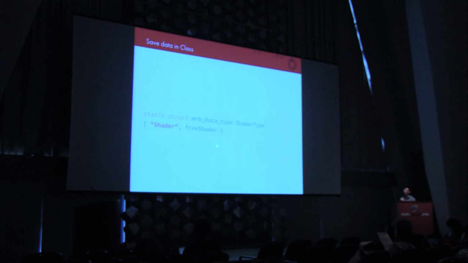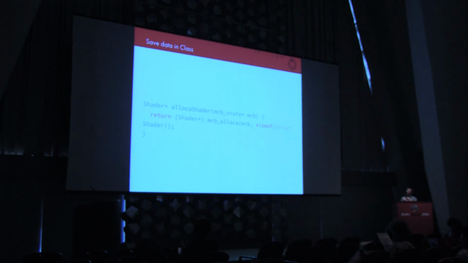And mruby has a data struct to save the class type. So I define the class type, and when Ruby's GC wants to release an unused object, it needs to know how to release it. So a free memory method will be placed in this.